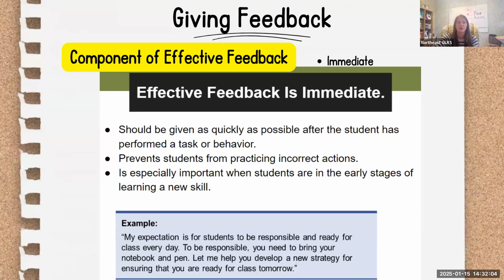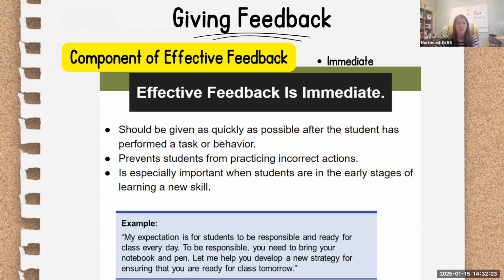So you're letting them know immediately, hey, I see that my expectation is for you to be responsible and ready. Part of being responsible is bringing your notebook and pen. If you have those materials, then you're responsible, but you're also ready for learning.